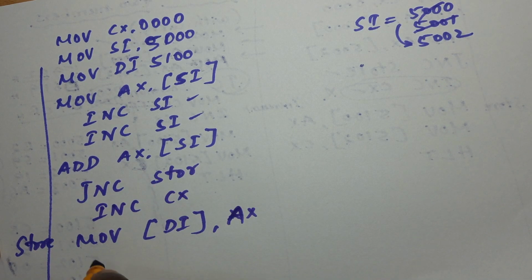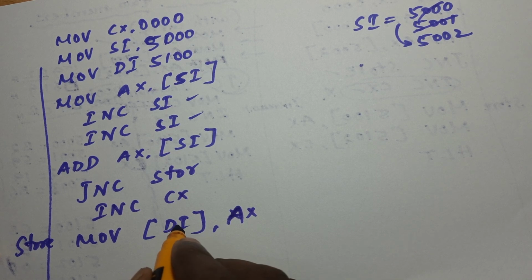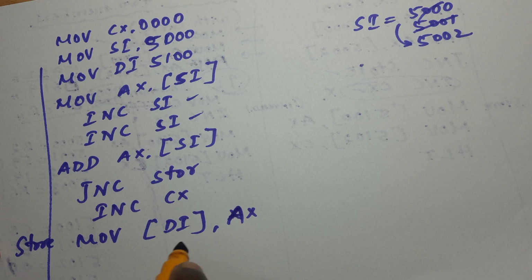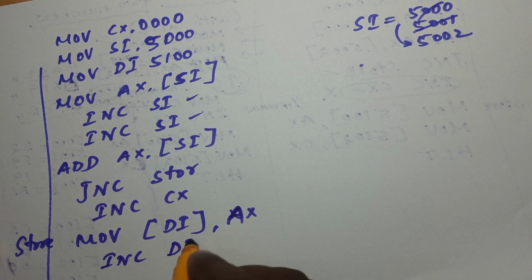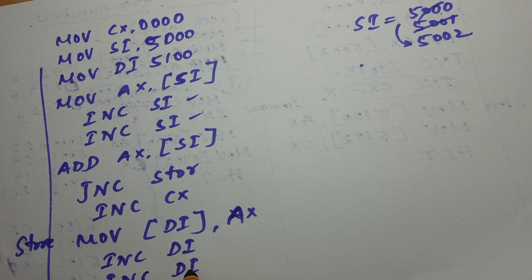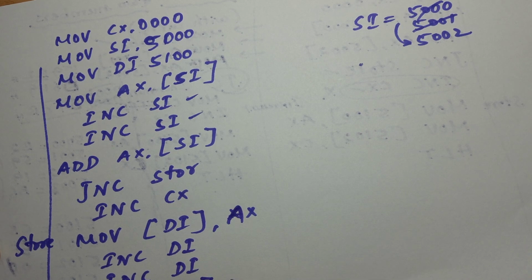And then we have to go to 5100, and we need to go to 5102, not 5101. So INC DI, INC DI: 5100, 5101, 5102. This is correct. So move the content of DI comma CX.